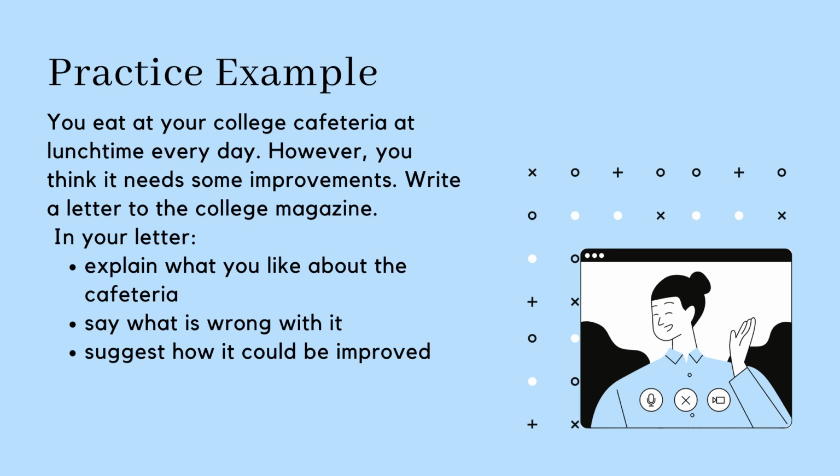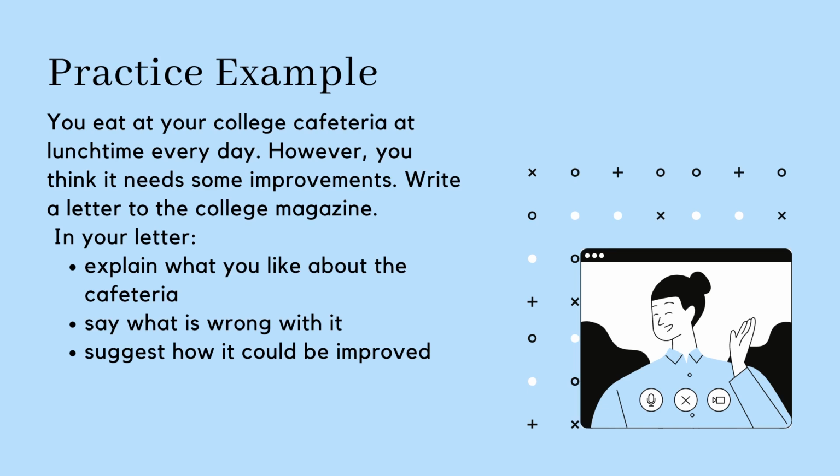I will explain the question. It says that you have your lunch or your breakfast at a college canteen every day. You think that the place needs some improvements. You are supposed to write a letter to the college magazine. So, as you can see the word college magazine, the letter will be formal.